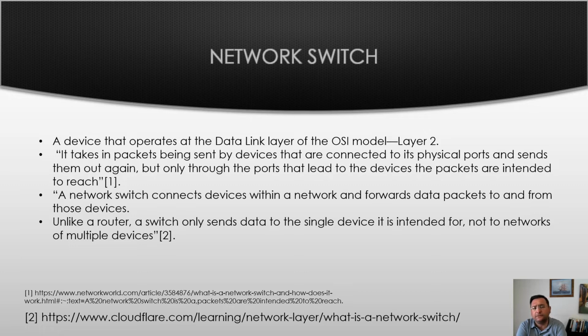A network switch connects devices within the network and forwards data packets to and from devices. Unlike a router, a switch only sends data to a single device it's intended for, which may be another switch, a router, or a user computer, not the networks of multiple devices.